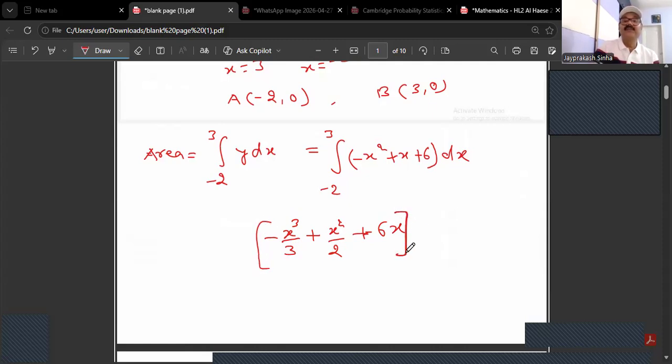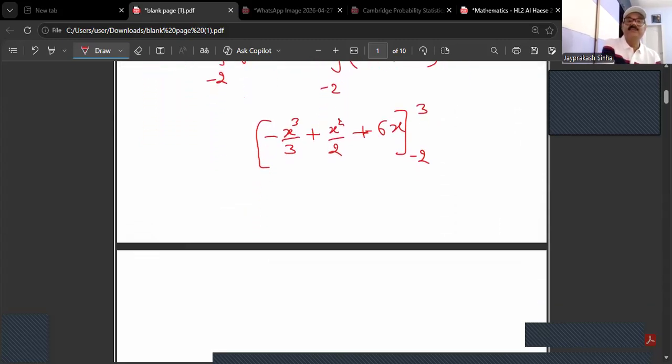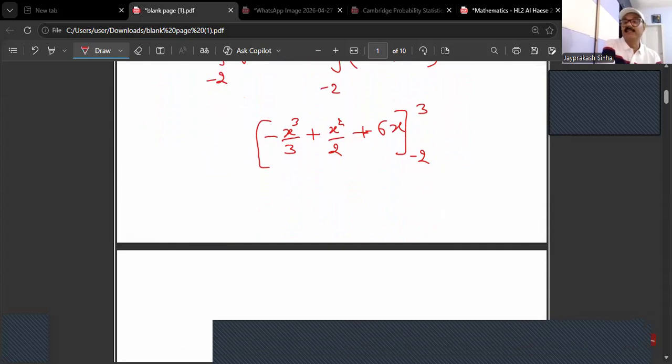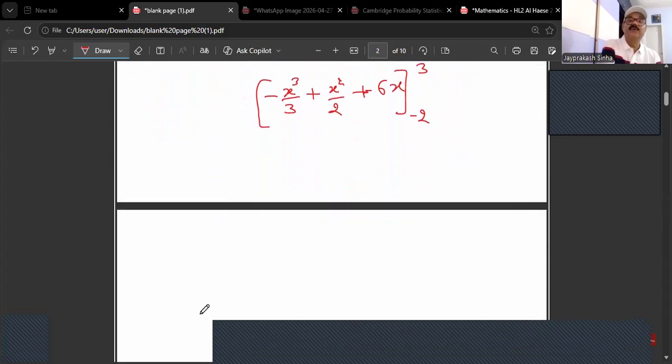Now lower limit is minus 2 and upper limit is plus 3. Now one by one we'll put the values. Okay. So first of all we'll put the value of the higher limit, upper limit. So this will become minus 3 cube upon 3 plus 3 square by 2 plus 6 into 3.